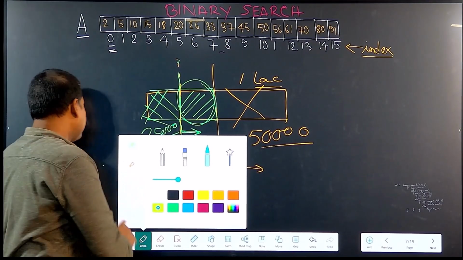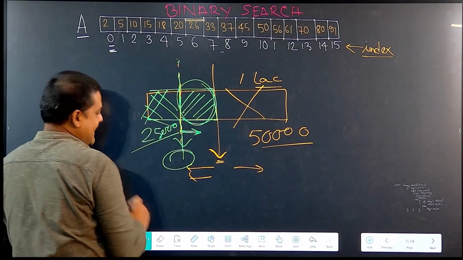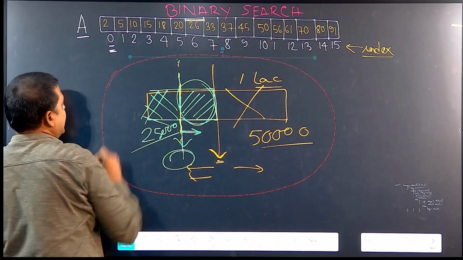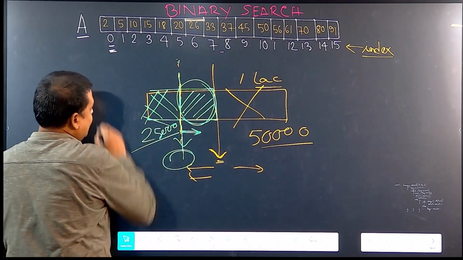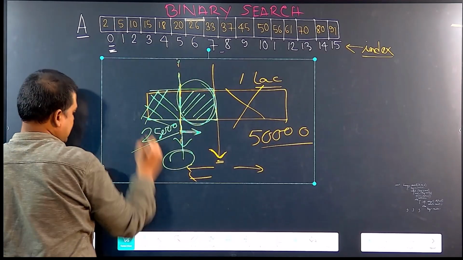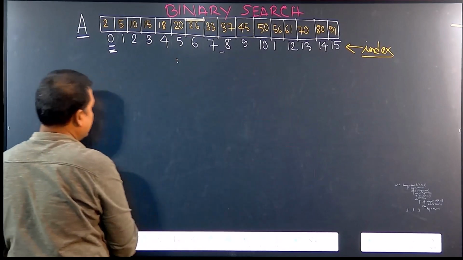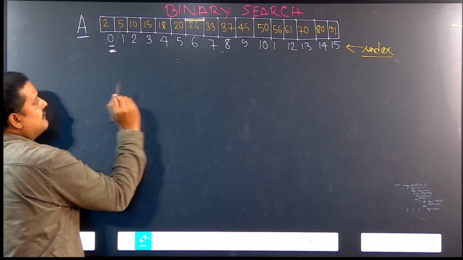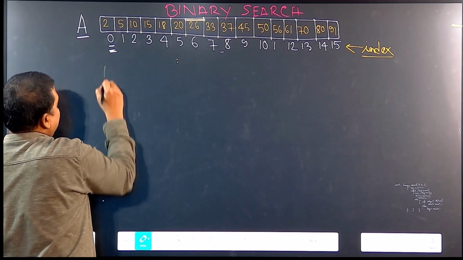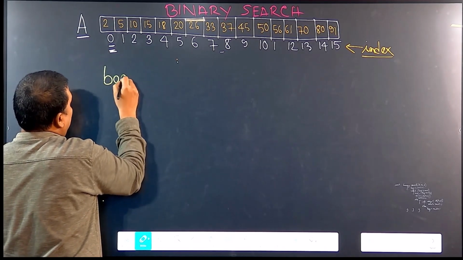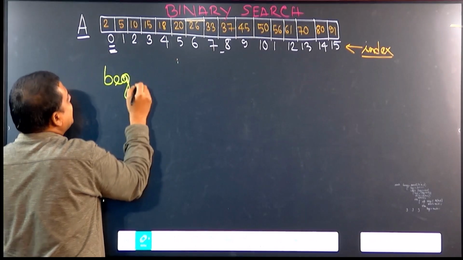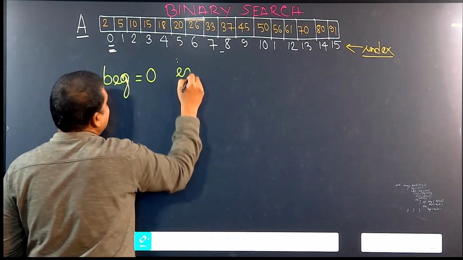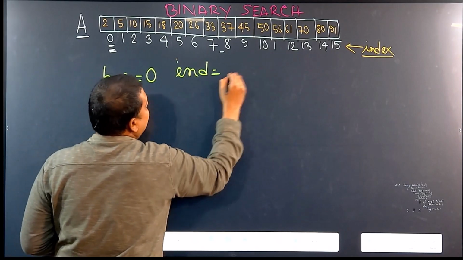Okay. So, let us have a look at the particular example that I have written here. Let us try to understand the concept. In this case, I am using two variables: beginning index, which is 0, and end index, which is 15.